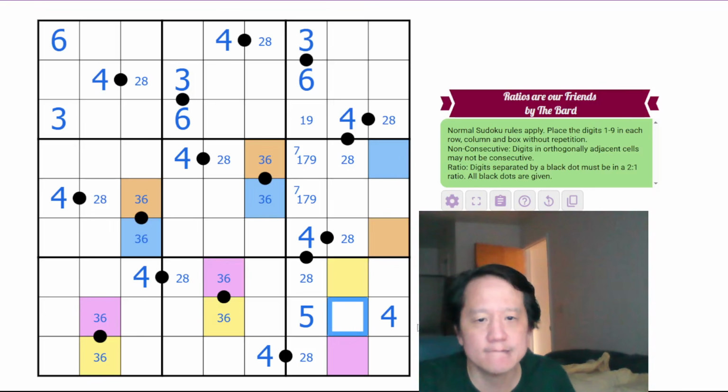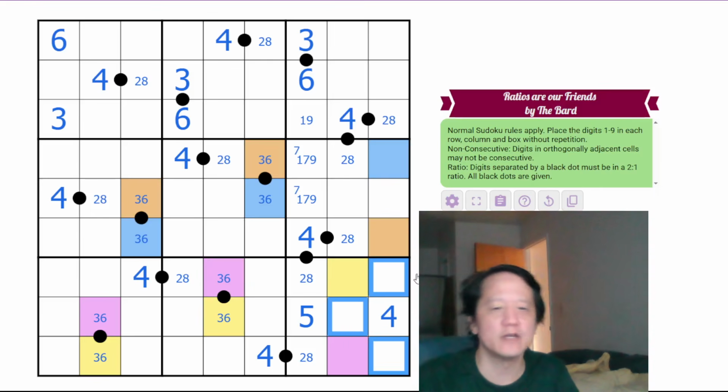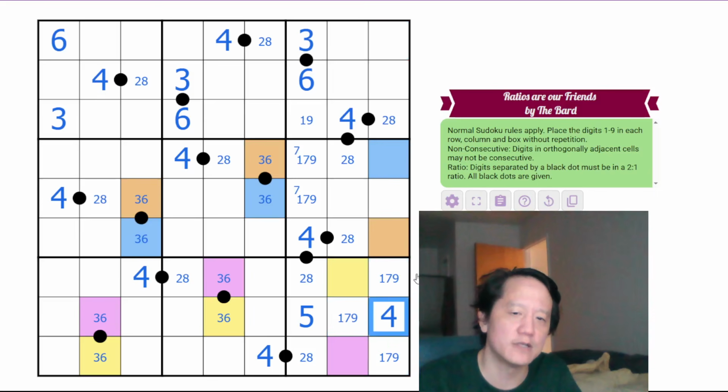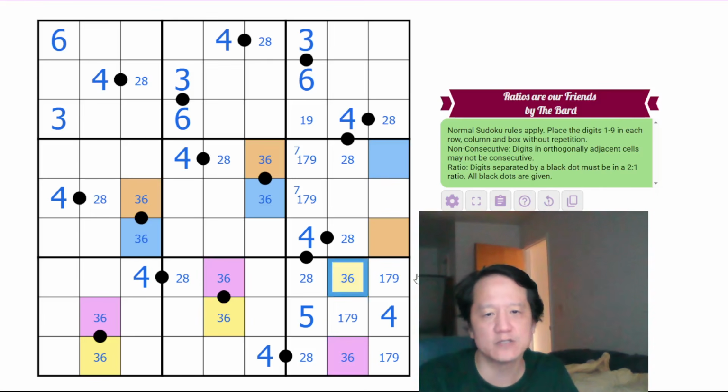Okay. This is 3, 6 as a pair. Remaining digits in the lower right-hand box are 1, 7, 9. This is guaranteed to be 3 or 6. So 7 would have to be next to a 6 here, so that cannot be 7.